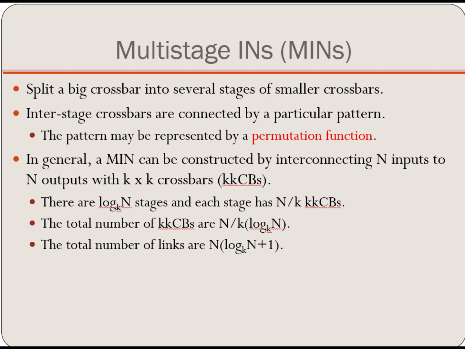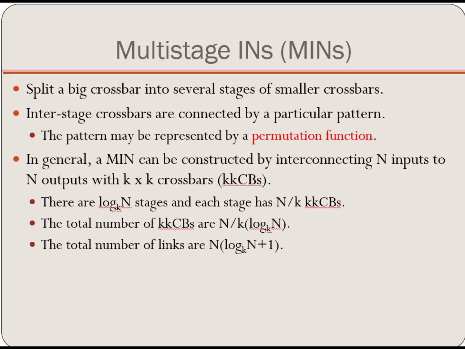In most cases k will be 2, depending on the building block of the crossbar. 2 by 2 is the most fundamental building block, but 4 by 4 or other values of k are also possible. Most cases we use 2 by 2, and the total number of links will be something like this.